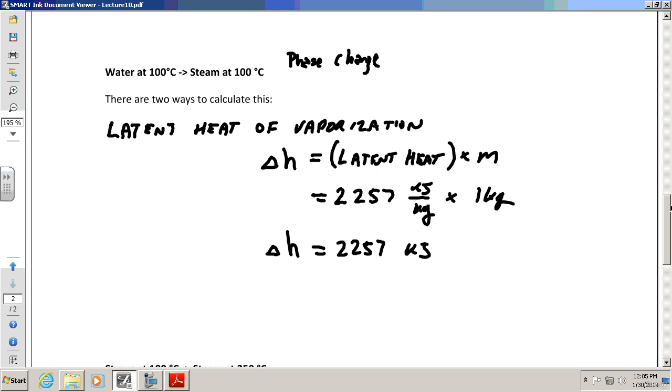By the way, I said there's two ways to calculate it. That's one. You can use the latent heat of vaporization. And the other way, of course, is just use tables.